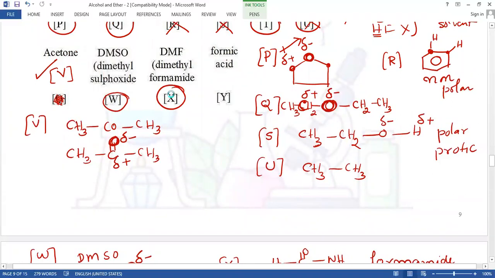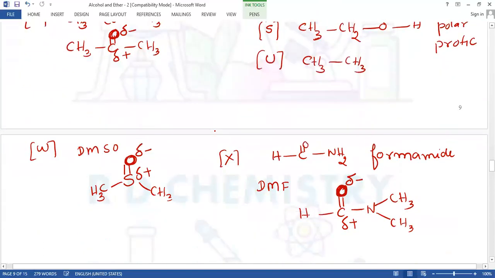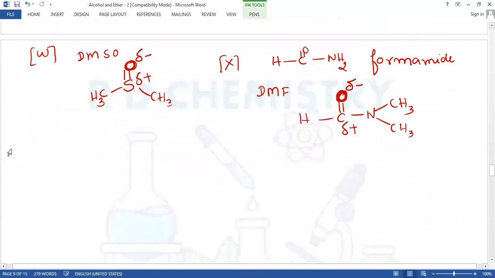Next one, formic acid. Formic acid structure is H, C double bond O, OH. Here also plus and minus we have, and here also minus and plus.